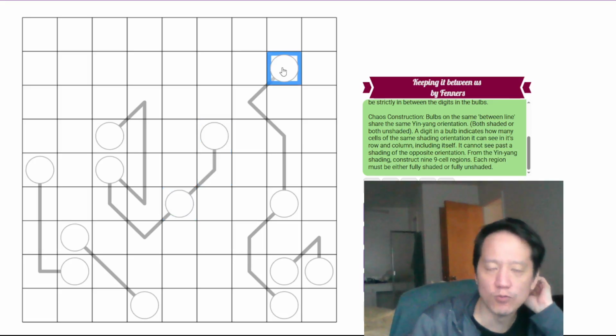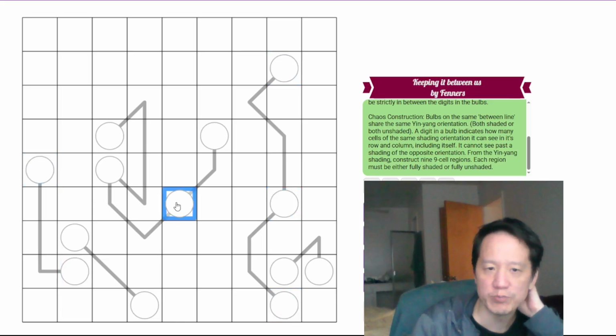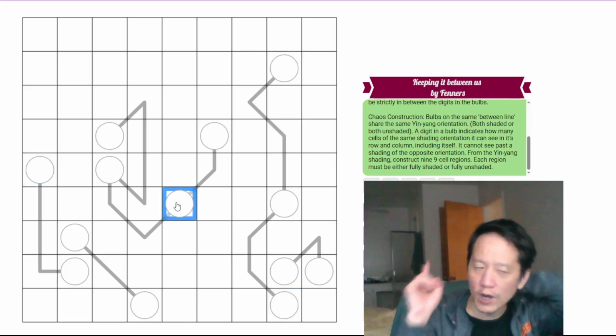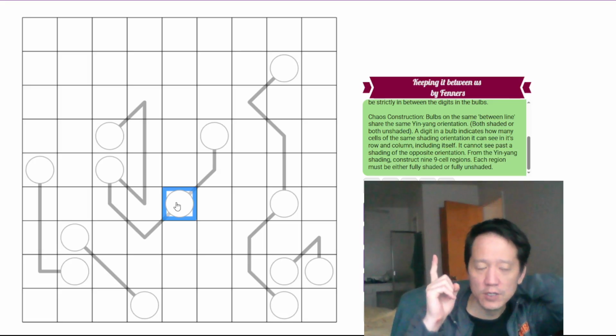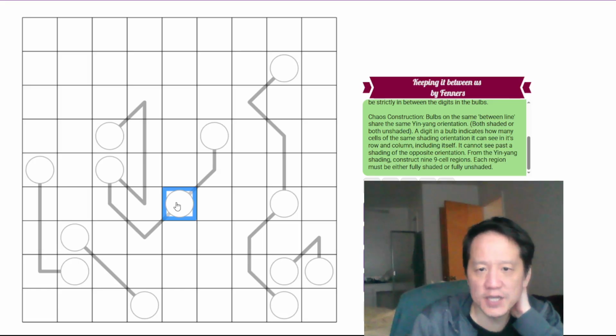And you can't have a 1 anywhere in any of the bulbs because you always will be connected to at least one other cell of the same yin-yang parity.